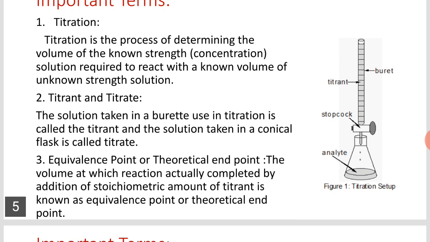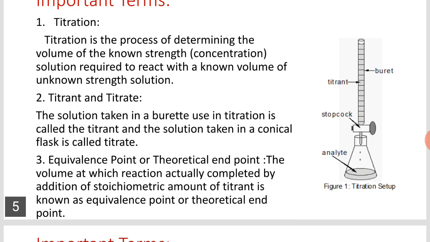Now, the solution which is taken in the burette is called the titrant, and the solution taken in the conical flask is known as the titrate. The reaction between titrant and titrate is a titration.